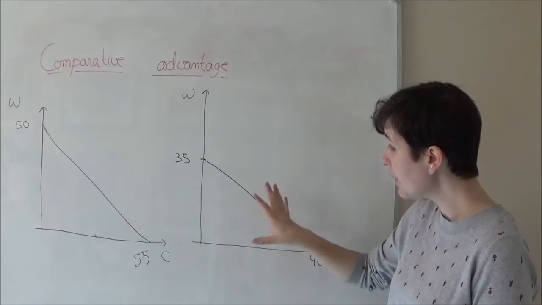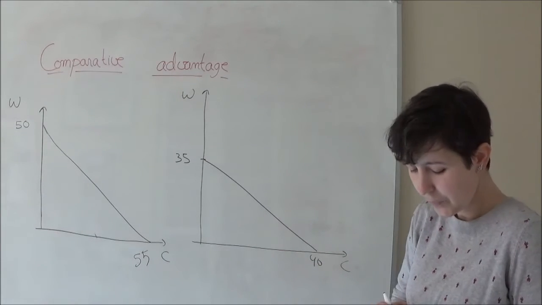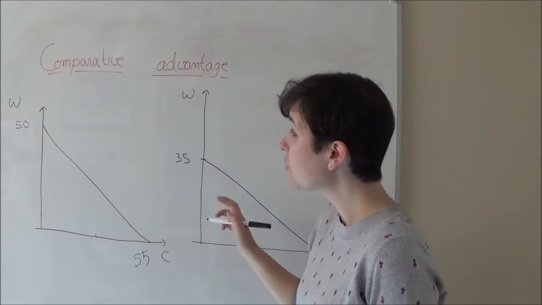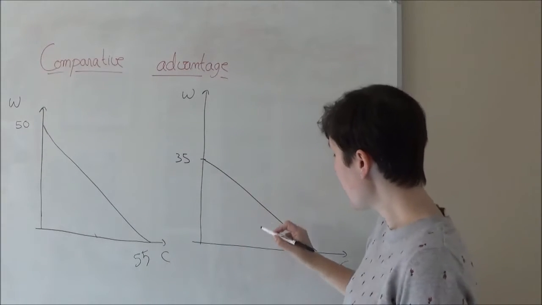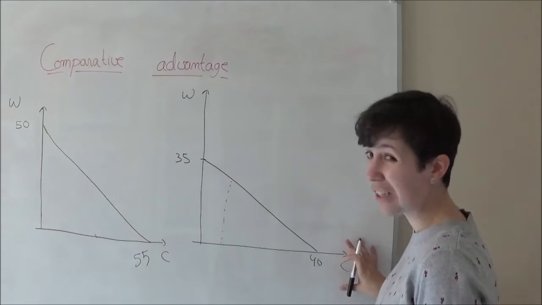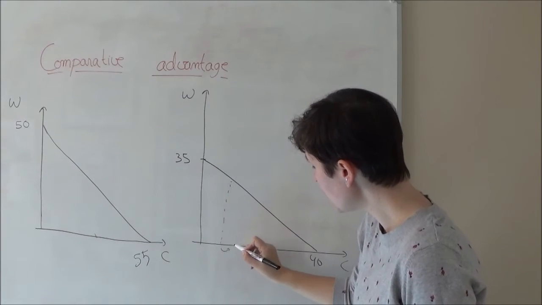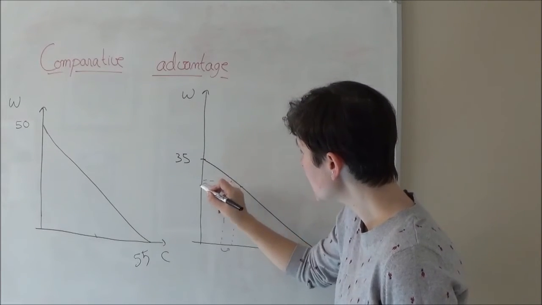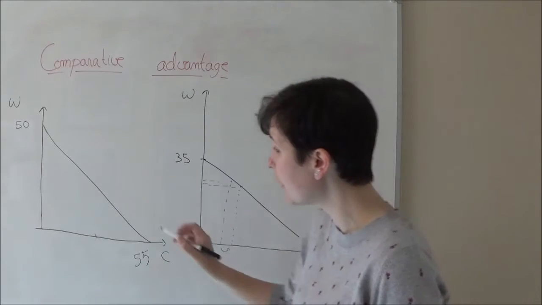So that means this economy, for any point, because the slope is constant, if I want to produce 1 unit more of wine, it's going to mean a lower opportunity cost in terms of cheese. If I want to produce 1 unit more of cheese, because cheese is here, okay, and wine is here, I'm going to give up the production of wine in a smaller amount than here.